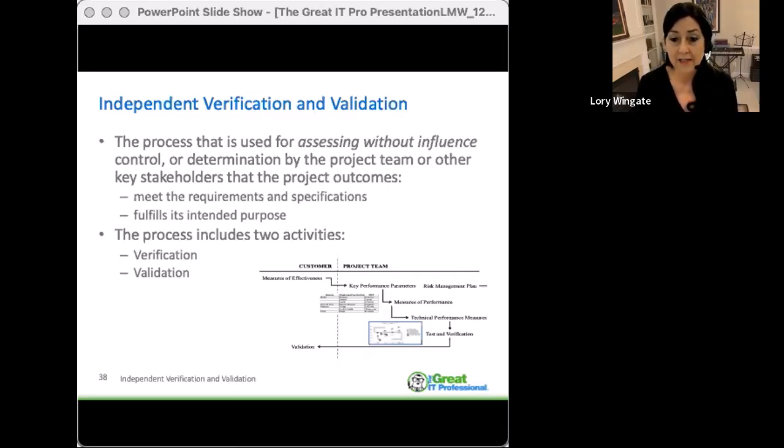Now, that independent assessor should be a subject matter expert. It can be somebody internal to your organization. It can be an external volunteer who comes in and assesses it. It can be one, it can be a team. It depends on your project, frankly, and your own assessment in working with the customer. Work that together. Who should be an independent verifier and validator?